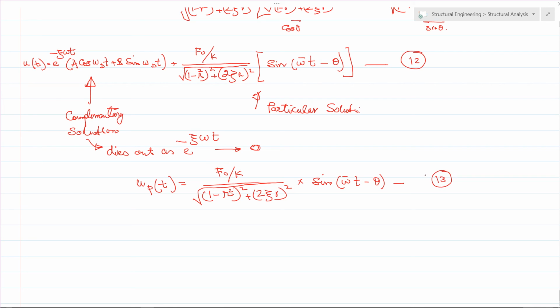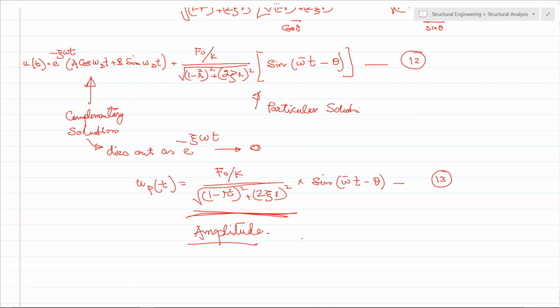This particular solution has a constant term like this, and this term is called amplitude. This amplitude is sometimes shown as U or P. Let us show this with the sign P.